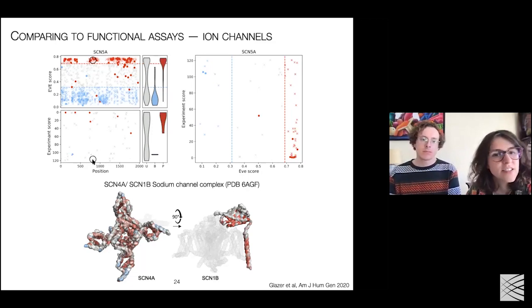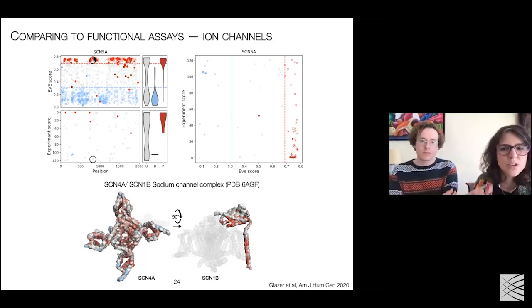In fact, they suspected that this variant should be pathogenic due to gain of function. And indeed, we see that in the model, because the model does not distinguish between loss of function and gain of function, this variant comes out as pathogenic. So it's another example where model and experiment can be combined to inform clinical efforts.